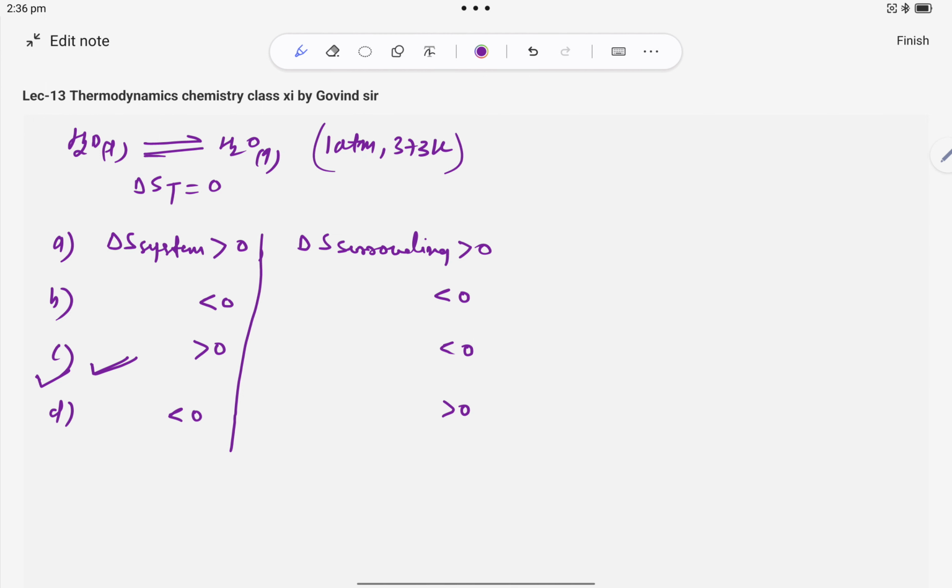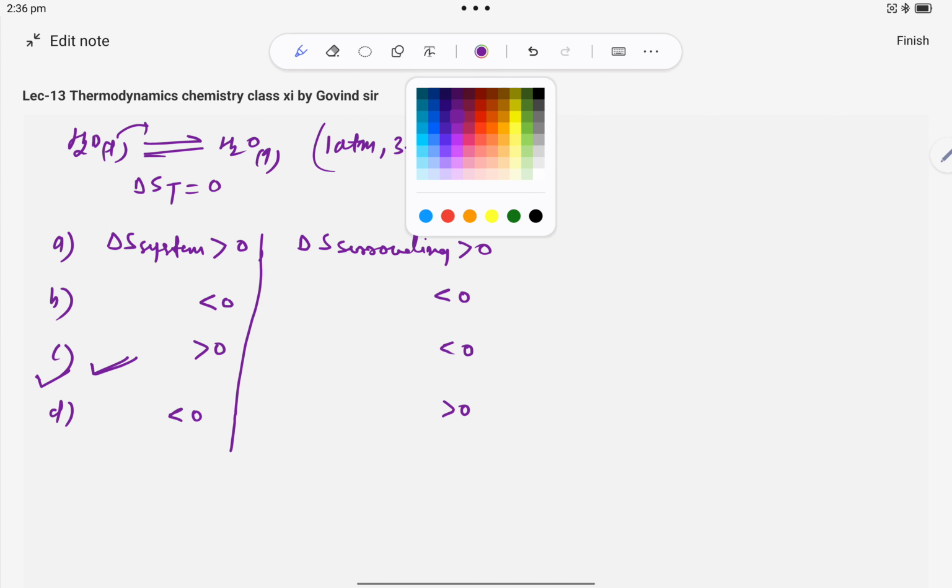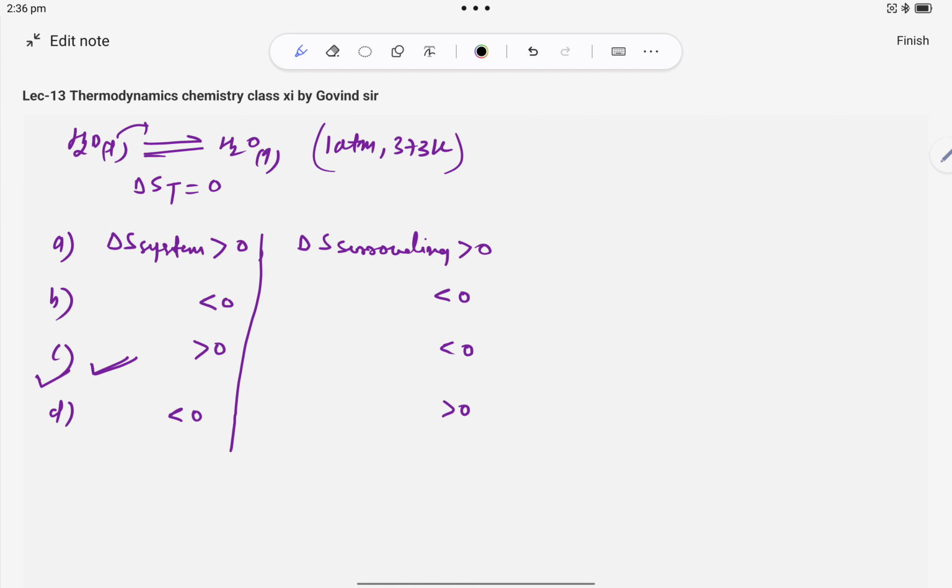Why? From liquid to gas, what happened? Heat is absorbed.